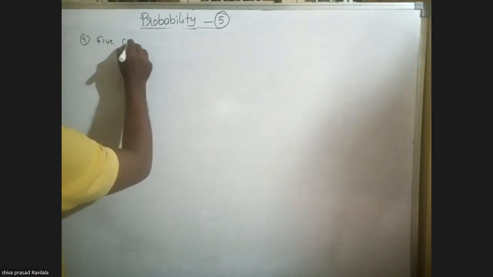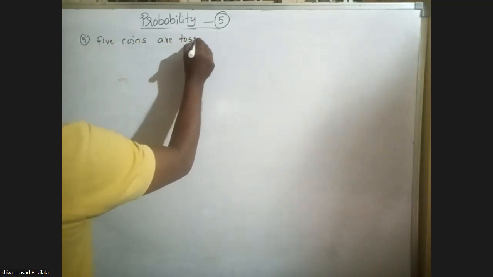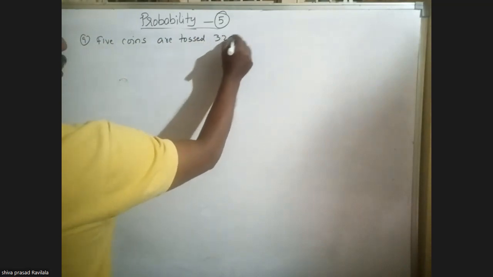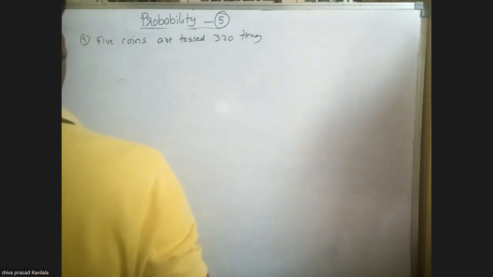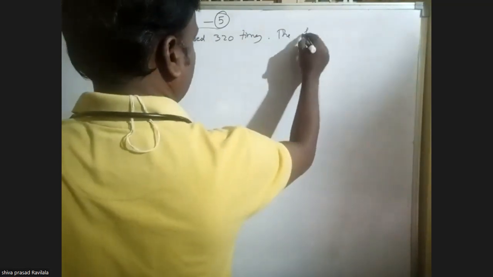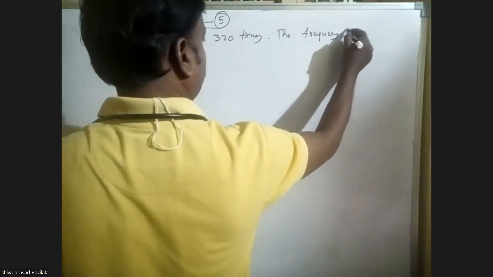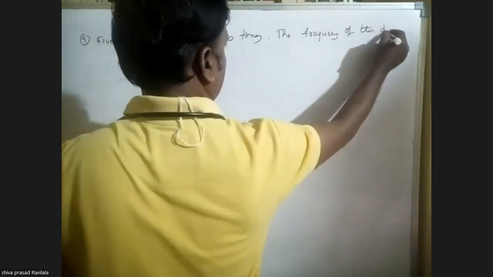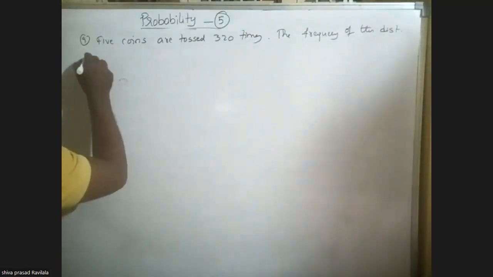5 coins are tossed 320 times. Find the frequency of the distribution of number of heads and tabulate the result. We have to find the frequency of the distribution of number of heads.